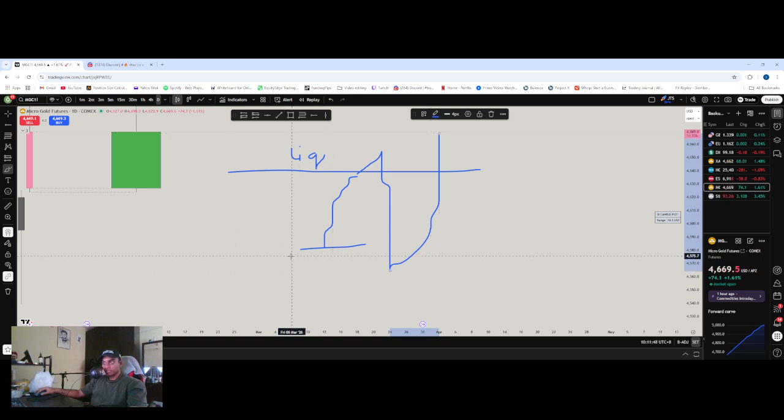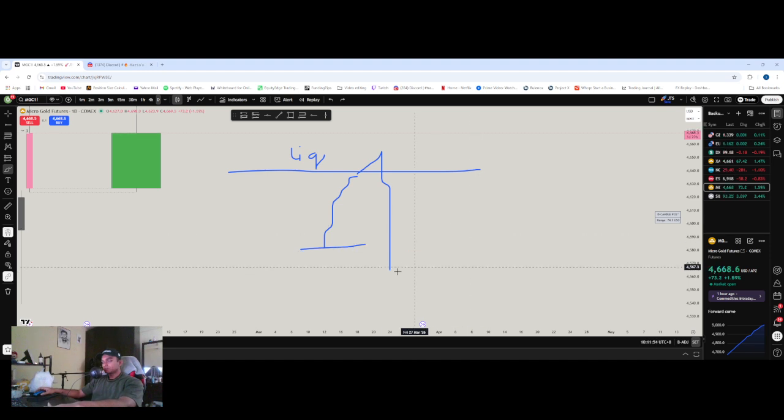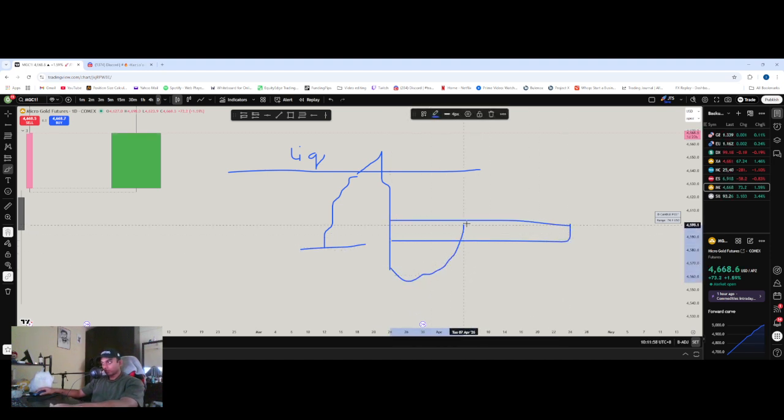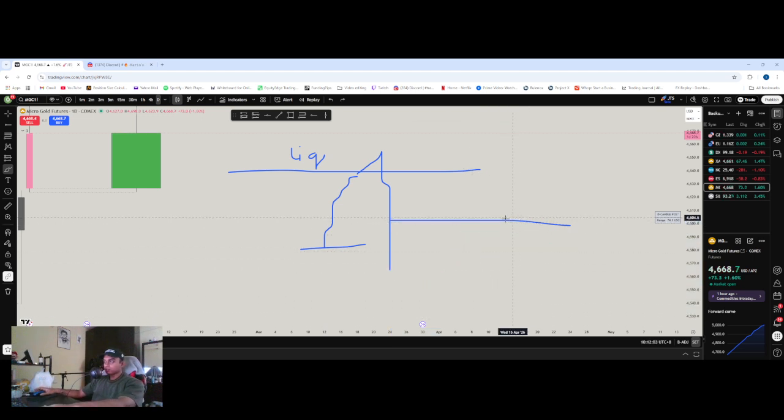This liquidity can be a swing low, a swing high, or maybe a fair value gap. So that's how the price moves: it takes liquidity, goes down, takes liquidity, goes up.